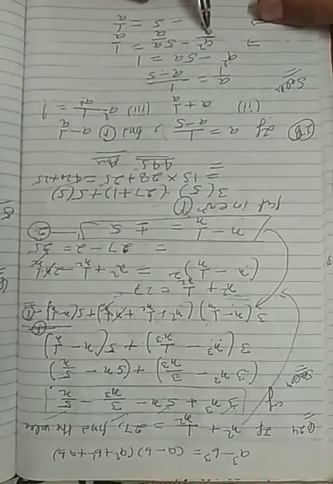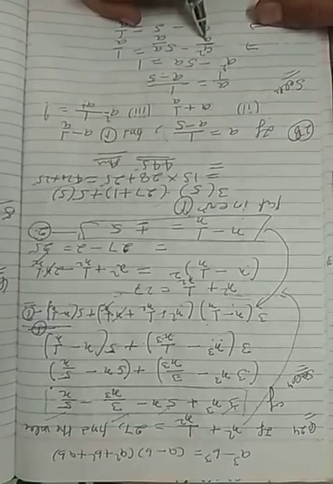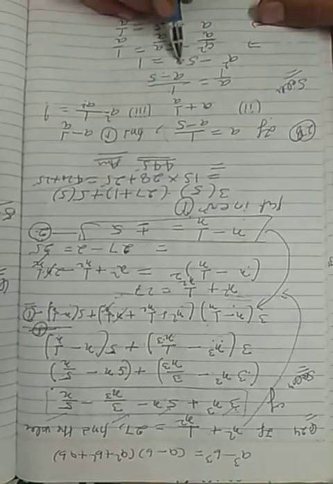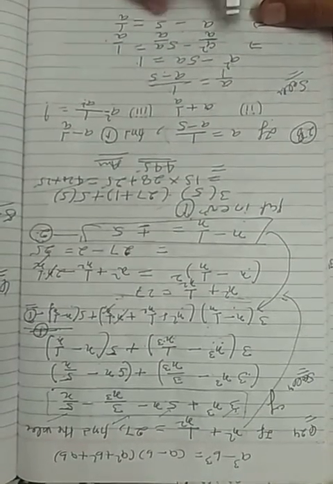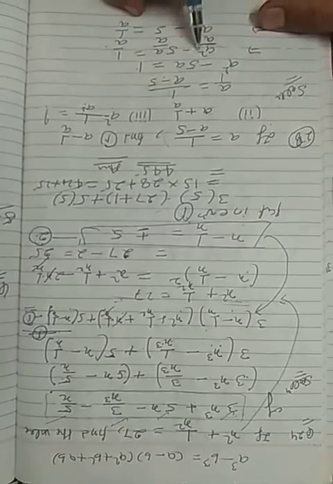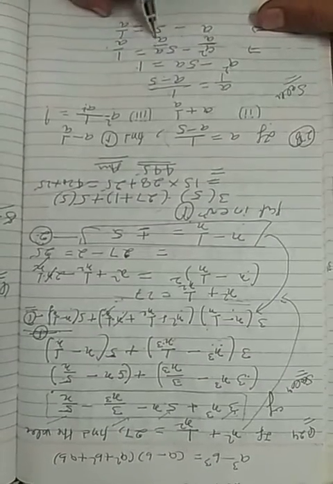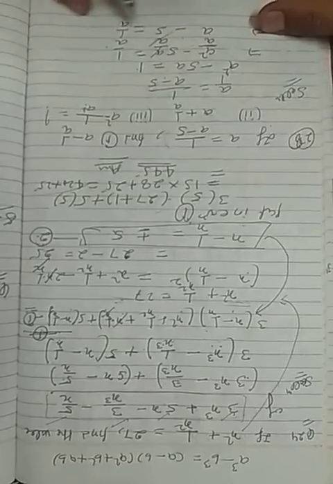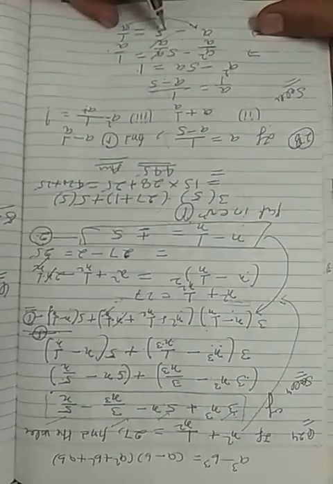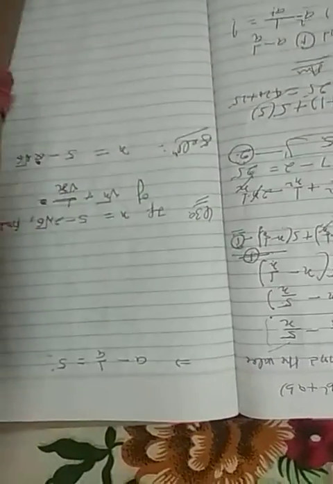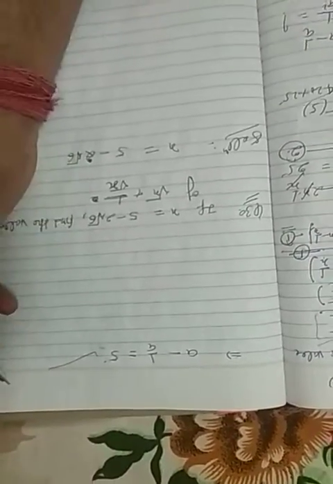Now we divide each term by a, so a square by a, 5a upon a and 1 upon a, each term by a on both sides. A square by a is a, cancel out 5, and 1 upon a. Now transpose variable one side and constant one side, so a minus 1 upon a equal to 5. Value of the first part we get.